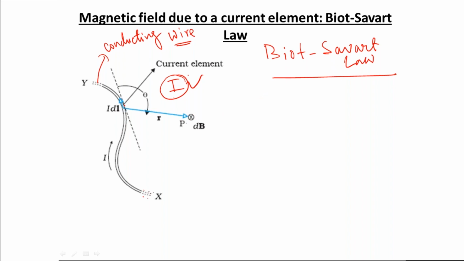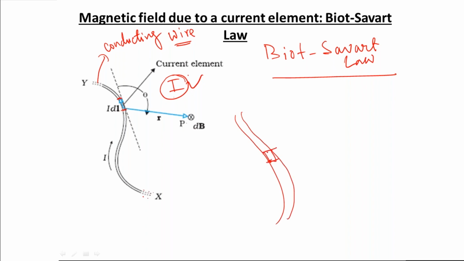According to the Biot-Savart law, the magnetic field at any point P, suppose this is a point P, can be found like this. I have a wire of infinite or finite length, so a bigger length.